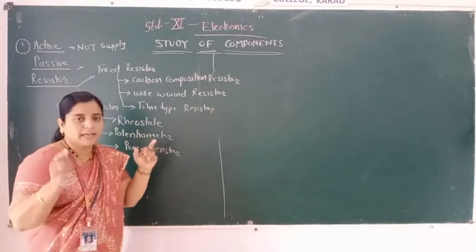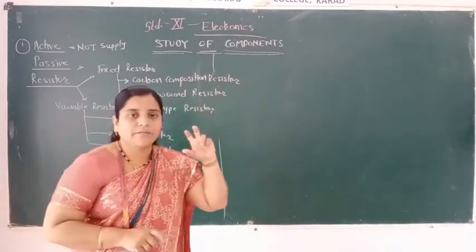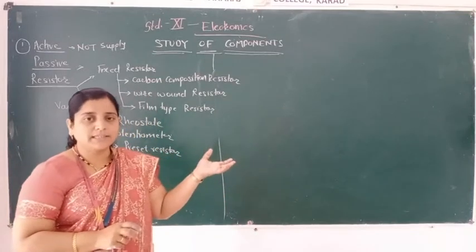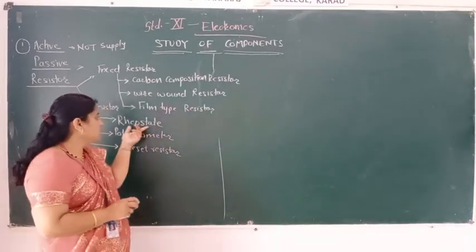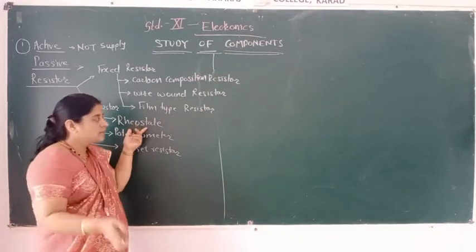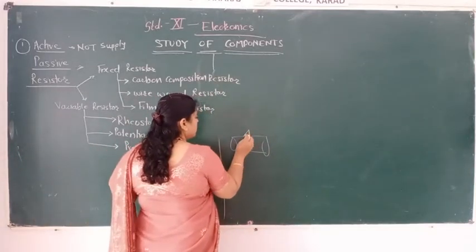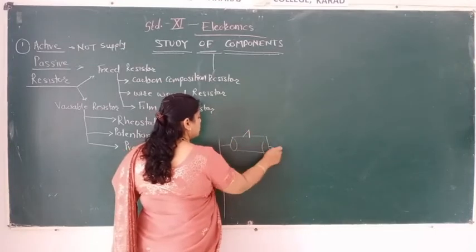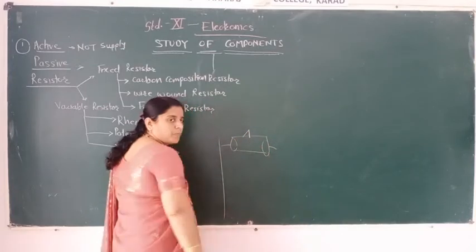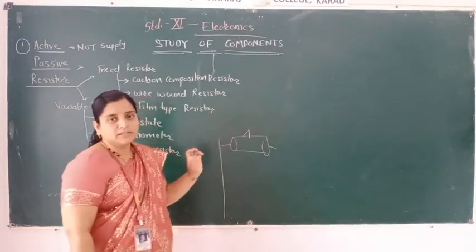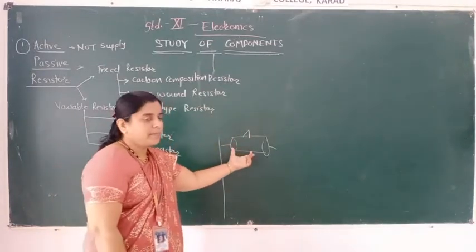A rheostat has two terminals. It is very big in form, which we use in laboratories, for example in physics practicals. There is one notch, and you can adjust that notch between the two fixed points to vary the resistance. So it is very big in form.